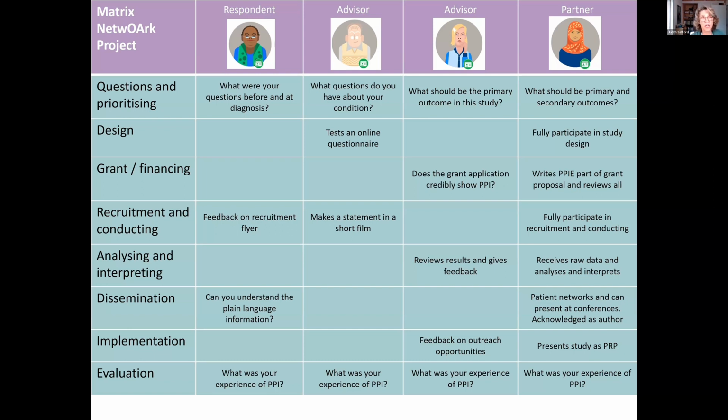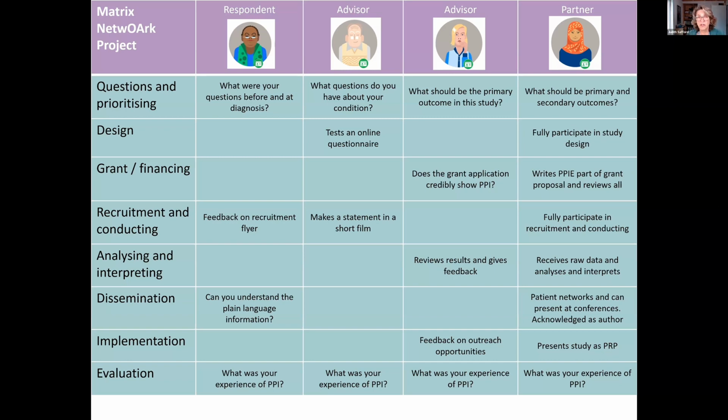So, for instance, if it's relevant for your research question, you ask the naive person with a new diagnosis what her questions were before and at diagnosis. And someone who has a bit more experience, I've taken here two advisors. I've left out the reviewer because I think it's more interesting to look at two advisors that have a different level of knowledge.